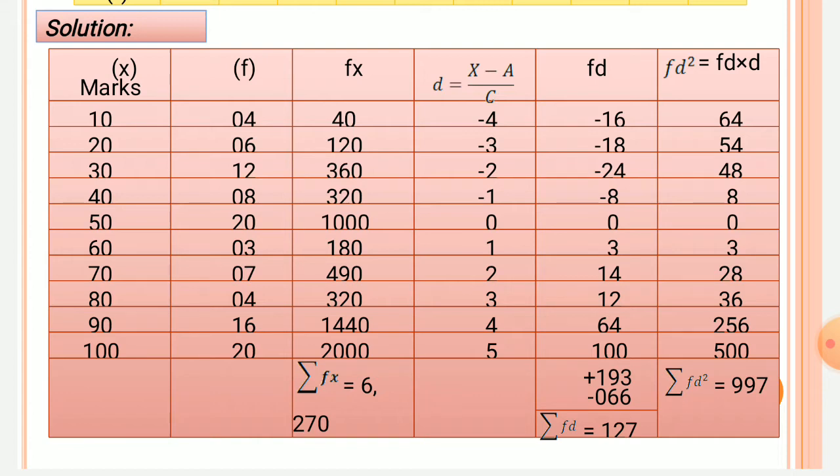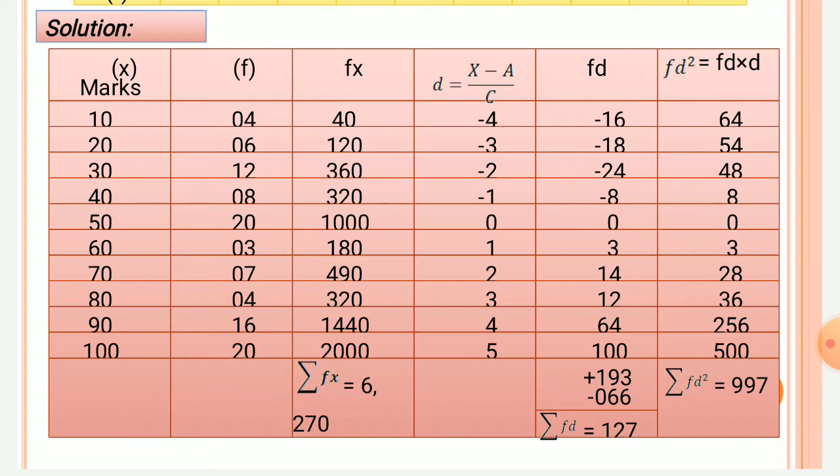So 10 minus 50 by 10 is minus 4, 20 minus 50 by 10 is minus 3, 30 minus 50 by 10 is minus 2, 40 minus 50 by 10 is minus 1, 50 minus 50 by 10 is 0. This is how we go on finding d.